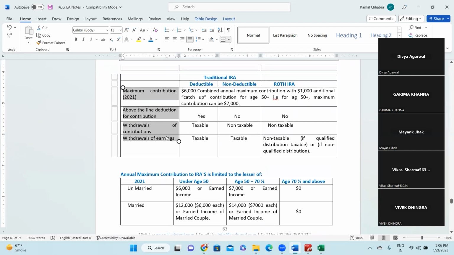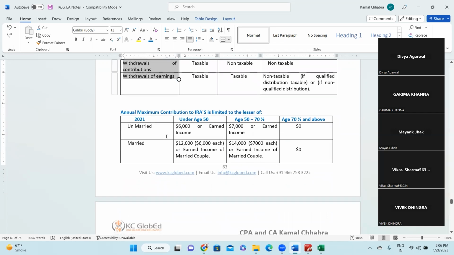Any doubt so far? Sir, it was noted for unmarried status. If they are filing separately, then the above limit will follow, $6,000 and $7,000.